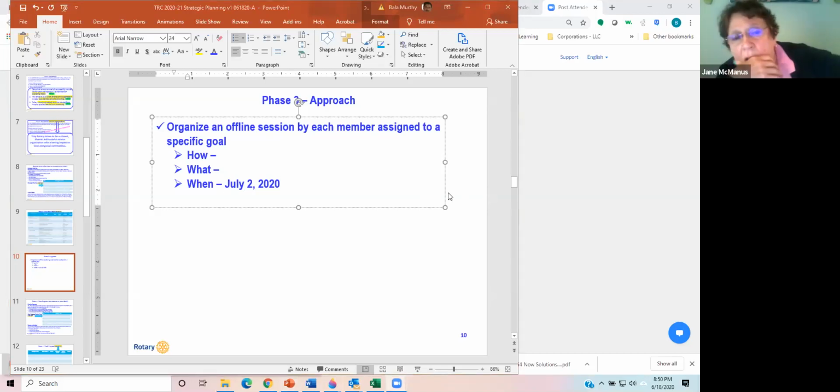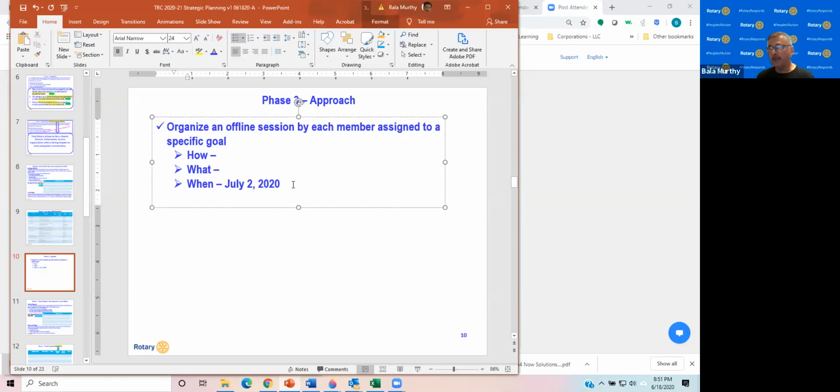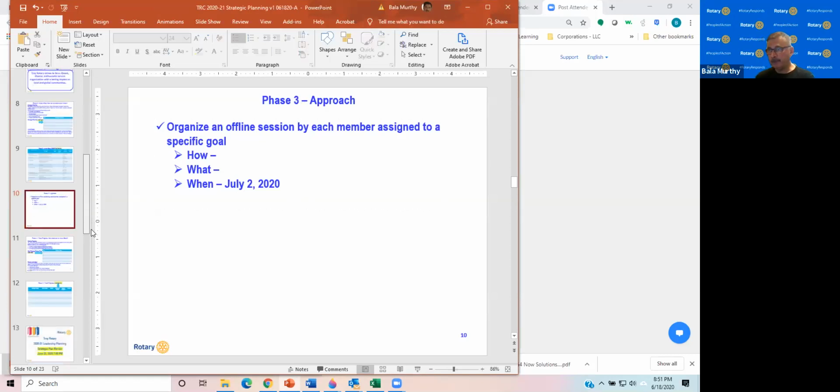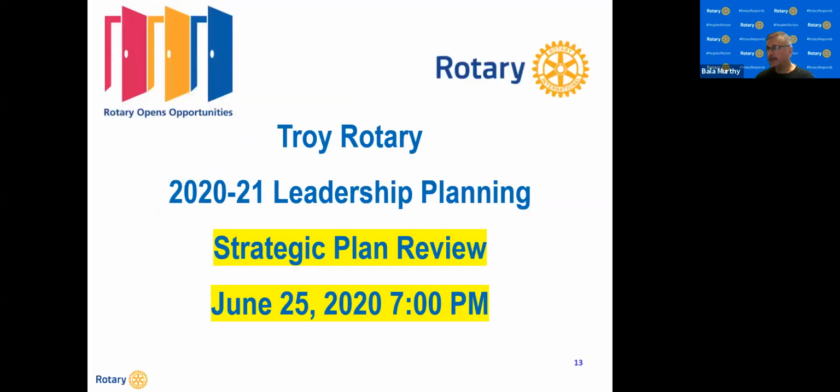So are we going to have the 25th meeting then, or are we going to push it to July 2nd? Thanks for bringing that up. We had planned our actual strategic plan review on June 25th, which is a week from Thursday.